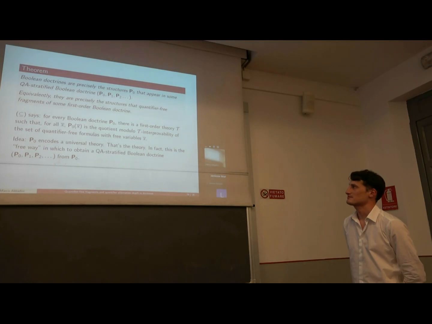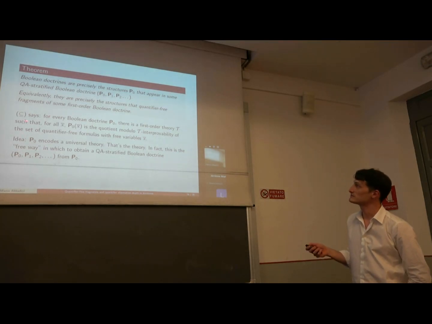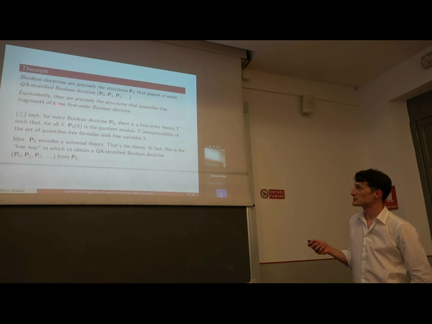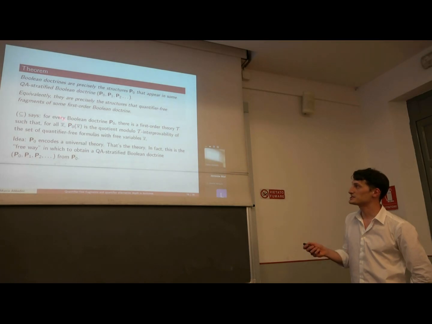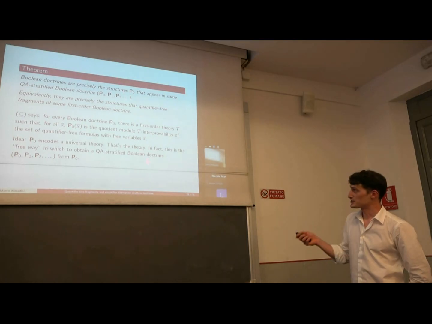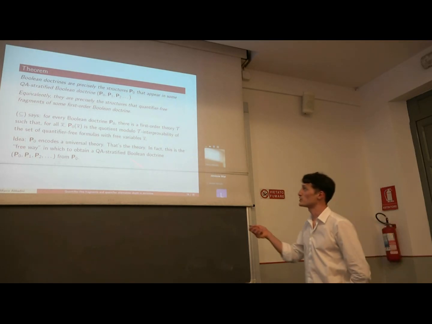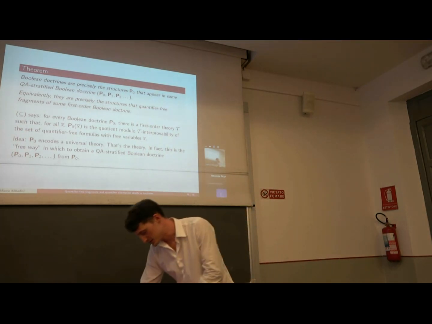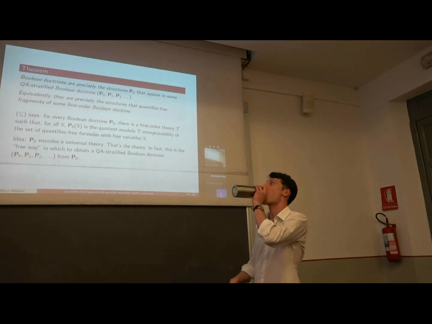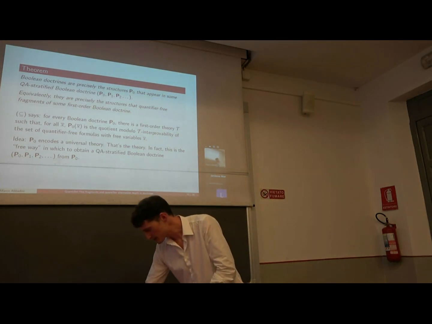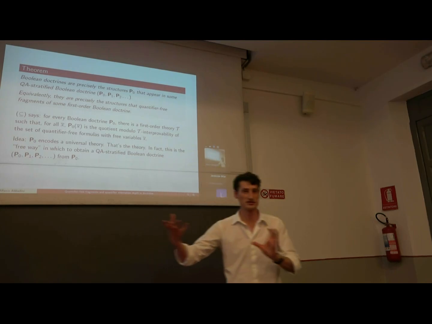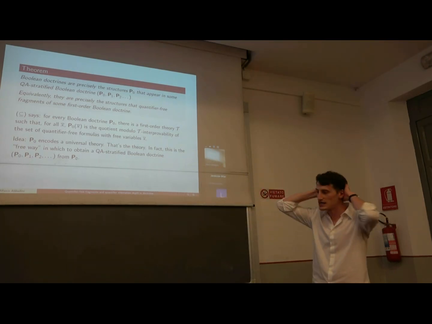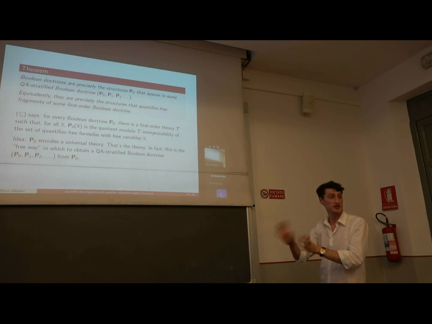Okay? And the difficult inclusion says that if I have a Boolean doctrine P, then there is a first order theory T such that P0 of x for any context x captures precisely the quantifier-free formulas modulo T with free variables x. And the idea for this is the following. P0, a first order Boolean doctrine, encodes a universal theory.